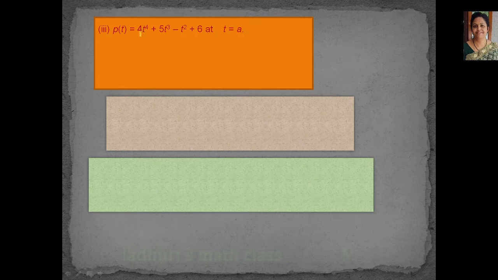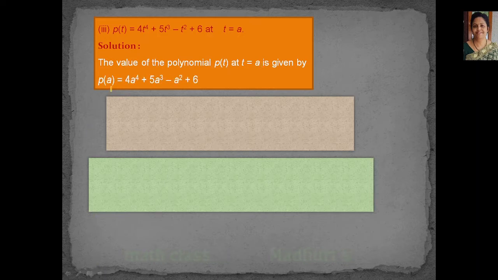So what will you get? 4a raised to 4 plus 5a cubed minus a squared plus 6. The value of the polynomial p(t) at t is equal to a is given by p(a) is equal to 4a raised to 4 plus 5a cube minus a squared plus 6.